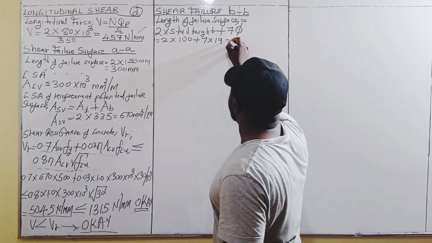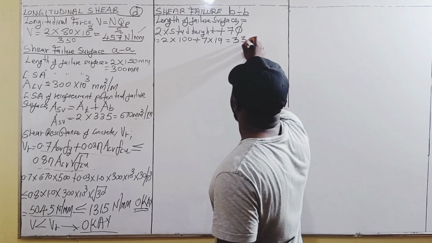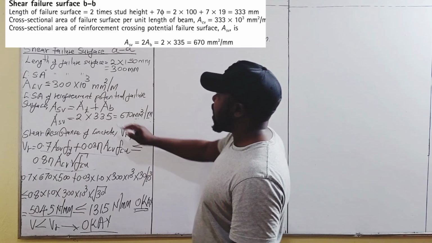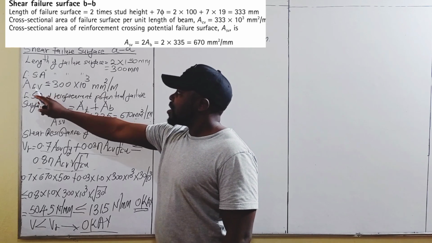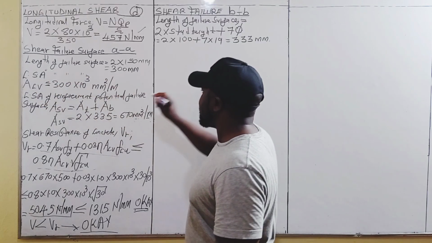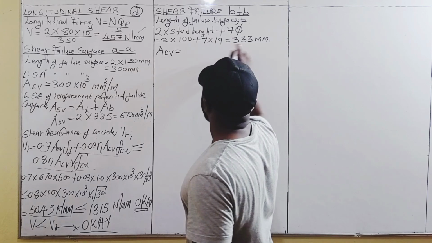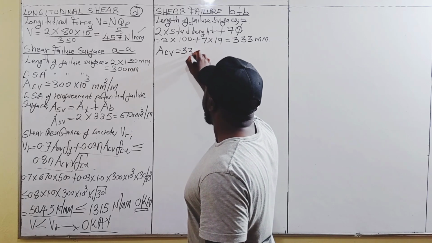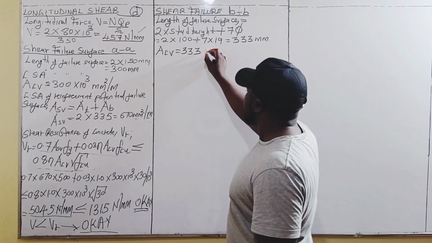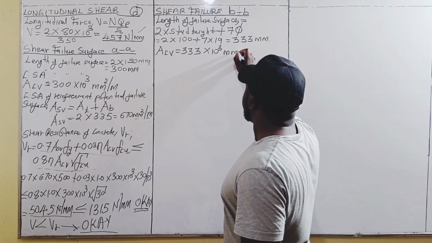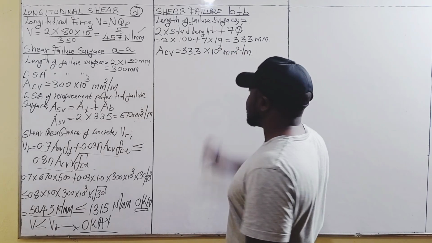And this is going to give us 333 millimeters. Then the cross-sectional area of failure surface, that is ACV, is going to be 333 times 10 raised to the power of 3 square millimeters per meter.